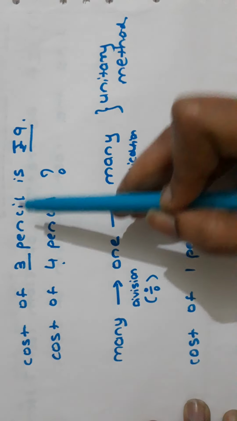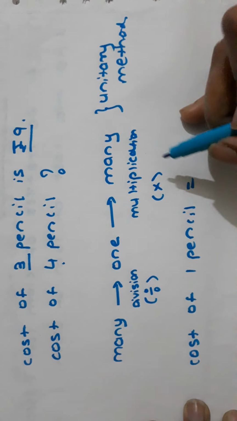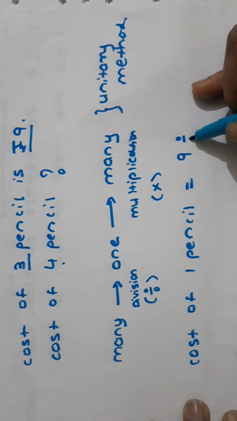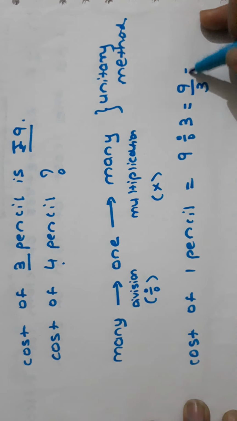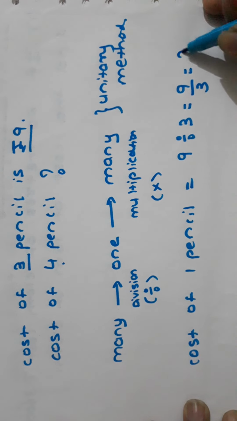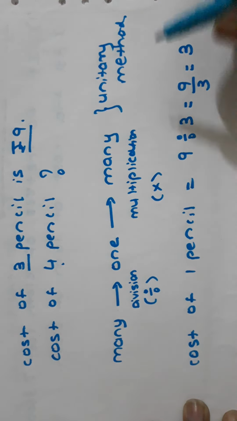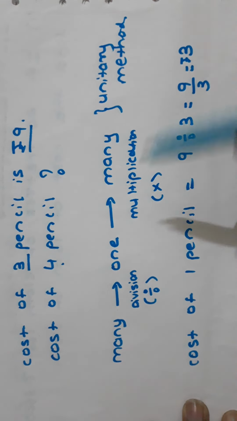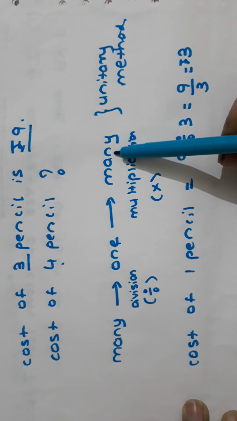Cost of 3 pencils is rupees 9. So cost of 1 pencil is, here we will use division, 9 divided by 3, or you can write this as 9 upon 3. And 9 divided by 3 is 3. So cost of 1 pencil is rupees 3. Now from the cost of 1 pencil, we will find the cost of many pencils.